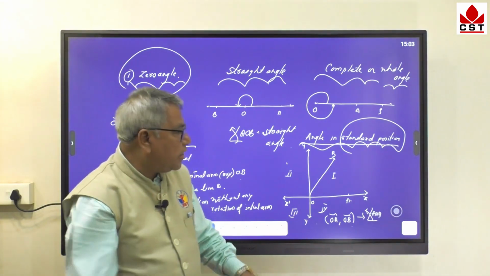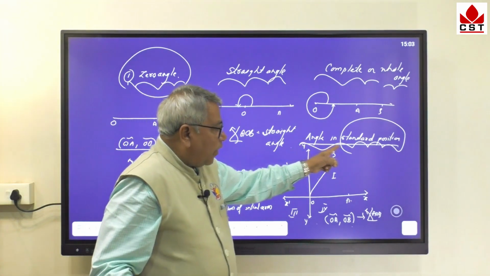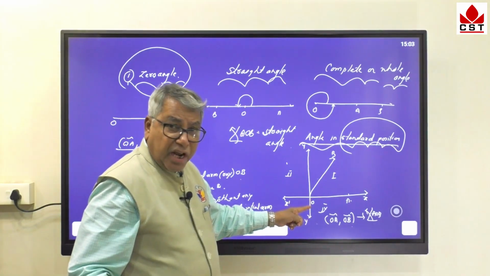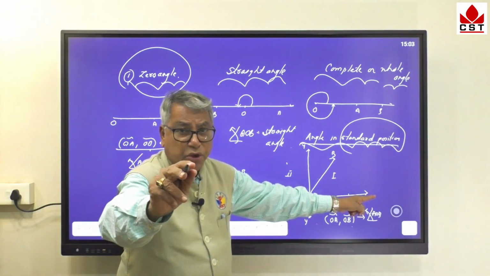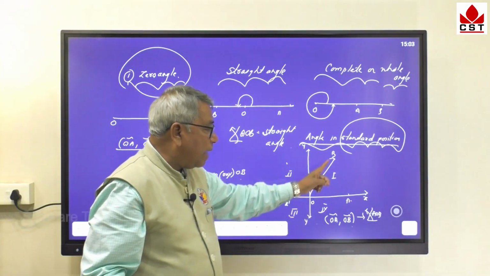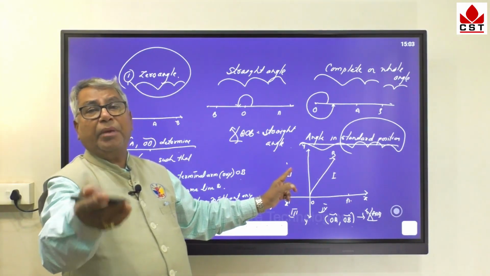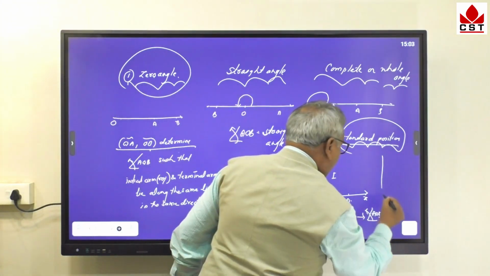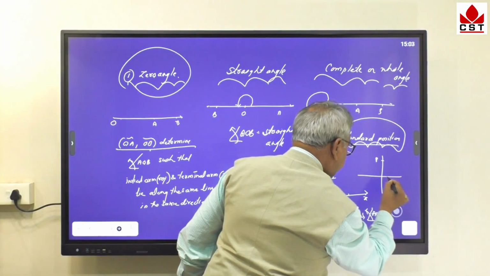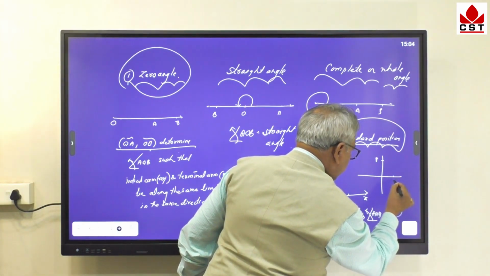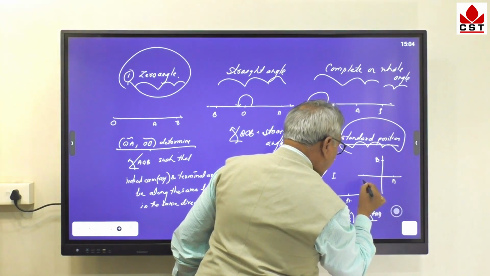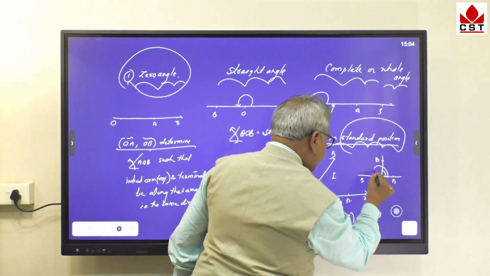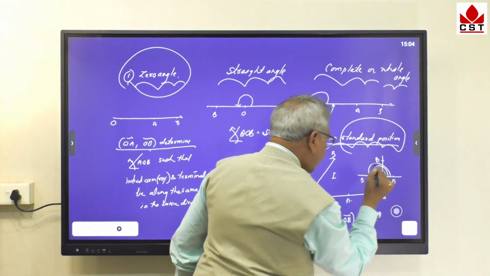See, first of all, angle is in standard position, right? And then its initial arm OA lies along positive direction of x-axis, and the terminal arm lies in any quadrant. It is said to be angle in quadrant. But if OB lies along any axis, say OB here, or maybe here OB, or here maybe OB. So this is angle, or this is angle, or this is angle, like this.